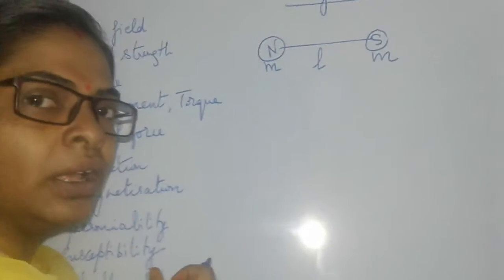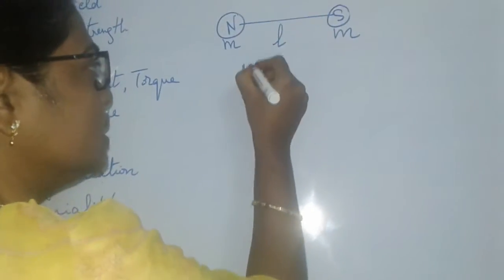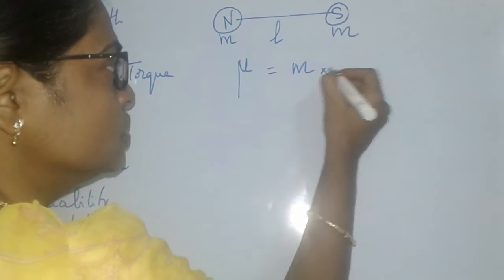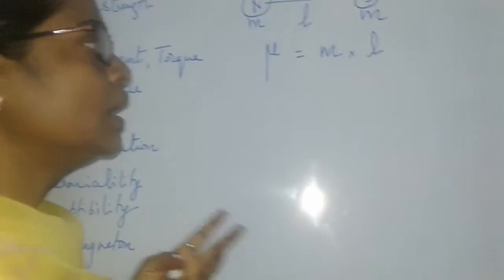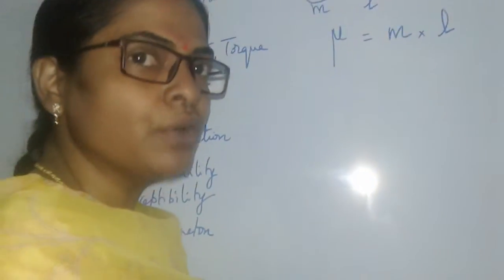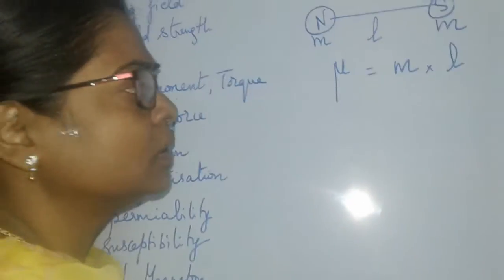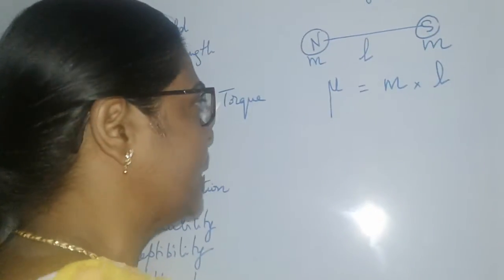They constitute a dipole, and the dipole moment mu is equal to the pole strength into the distance between the two poles. So the dipole moment is nothing but the product of pole strength into distance between them.